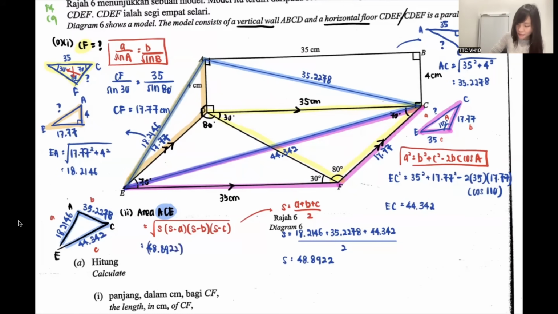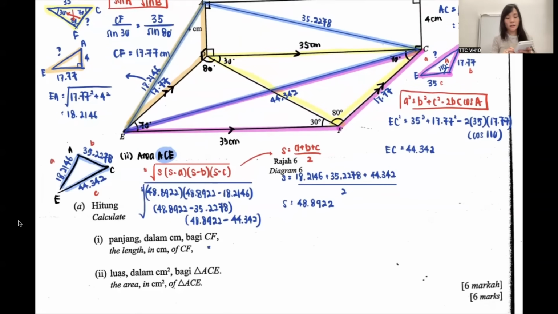So write out the value. 48.8922 times, must write the working, cannot straight away press. 48.8922 minus the A, 18.2146. Then 48.8922 minus the B, which is 35.2278. Then 48.8922 minus the C, 44.342. And then square root the whole thing. Normally I don't press 48.8922, because now my calculator should stop at 48.8922, right?